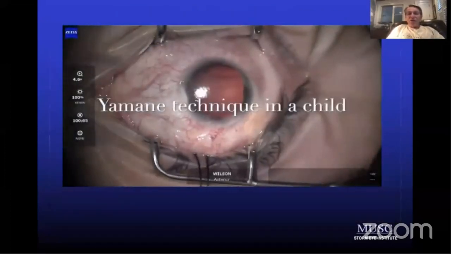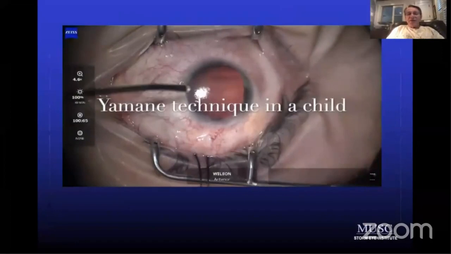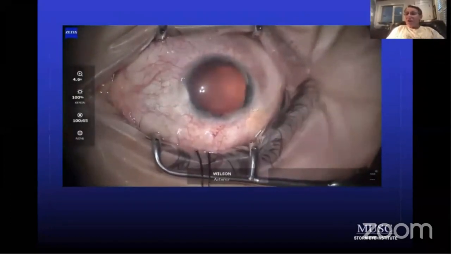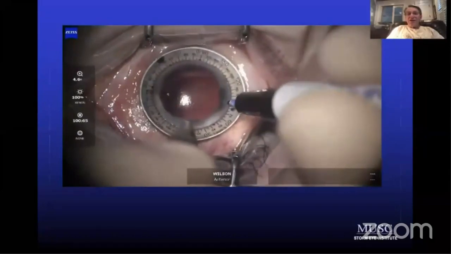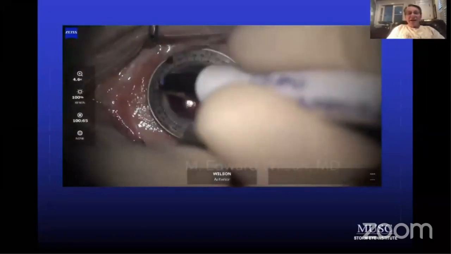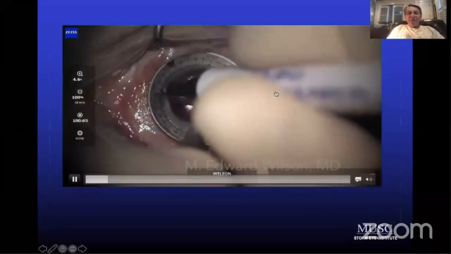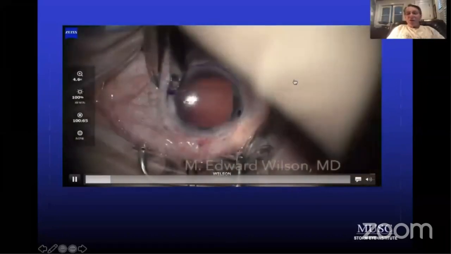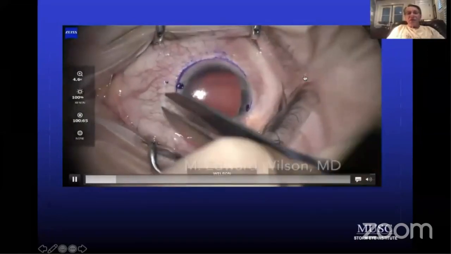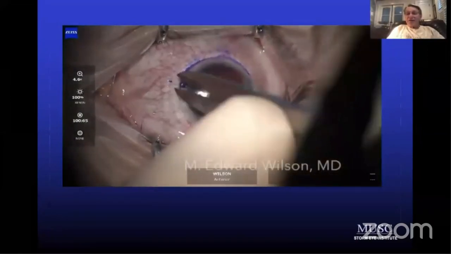And this is a case with not enough iris to support an Artisan lens, where I did use the Yamani technique, and it did well. But this is only when the patient doesn't qualify, in my view, for the Artisan aphakia lens.